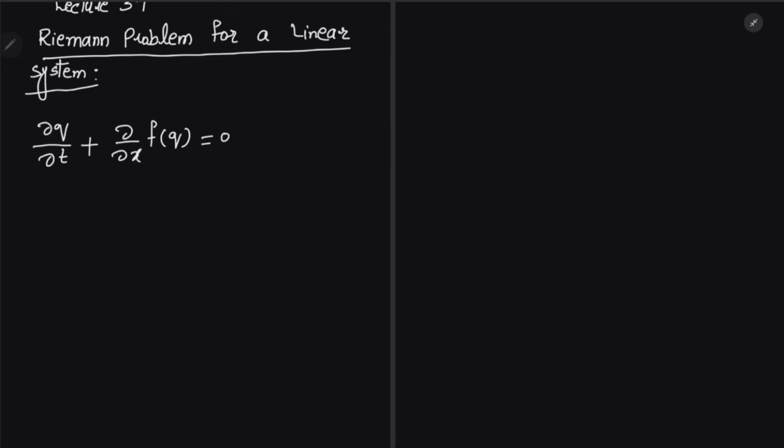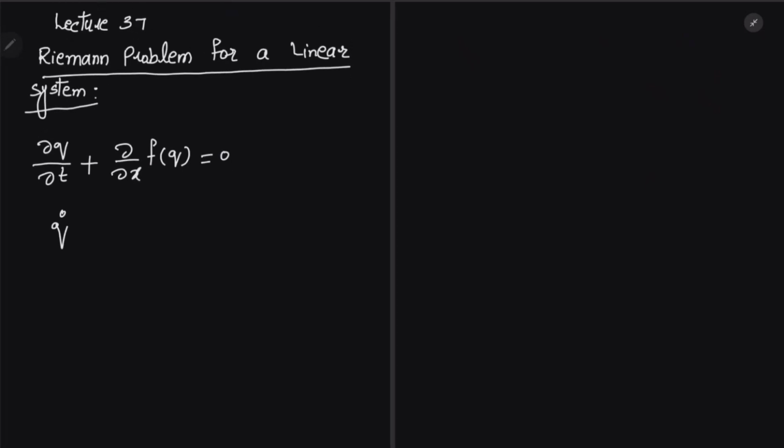The initial condition is q left if x is less than 0 and q right if x is greater than 0.